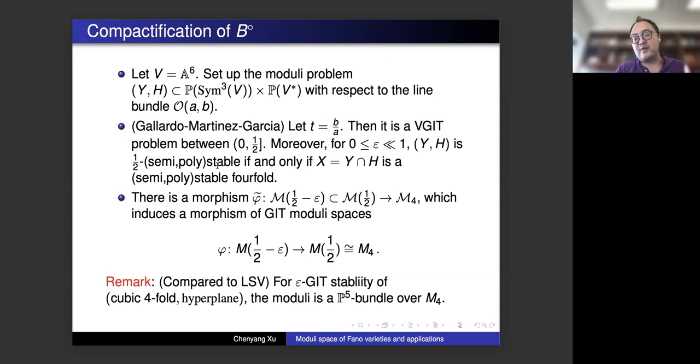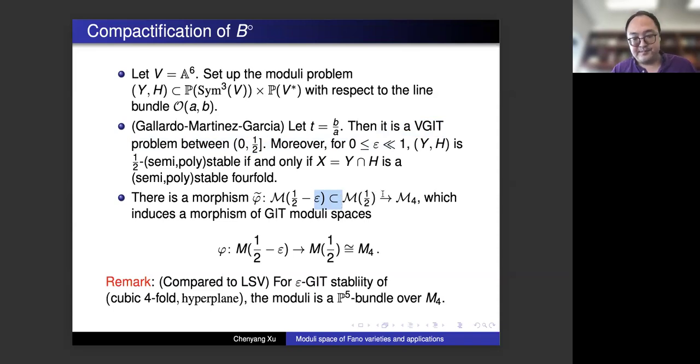So to study this 1/2 case is exactly the same as studying the base. But what we are interested in is the stability condition when it's 1/2 minus epsilon, where epsilon is very small. By general GIT theory, we know that M_{1/2-ε} as a stack is an open substack contained in M_{1/2}.